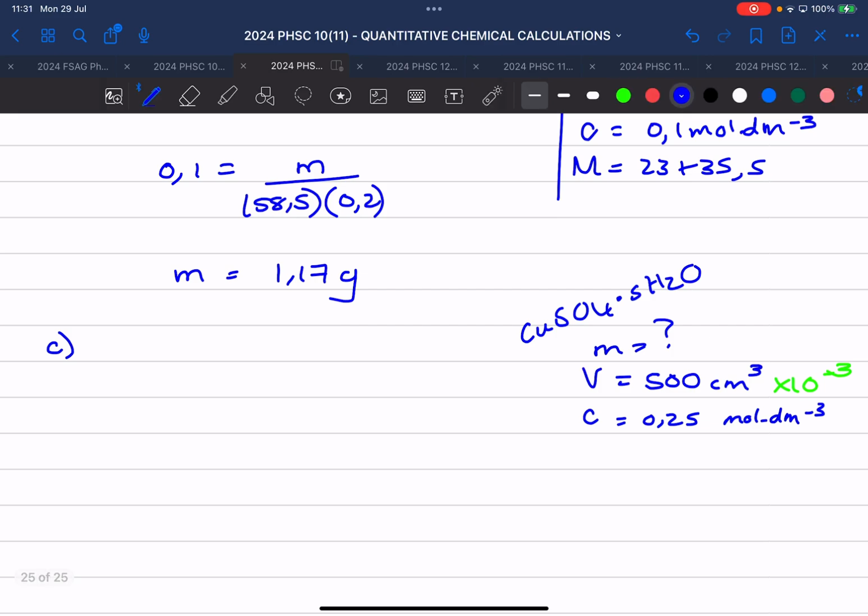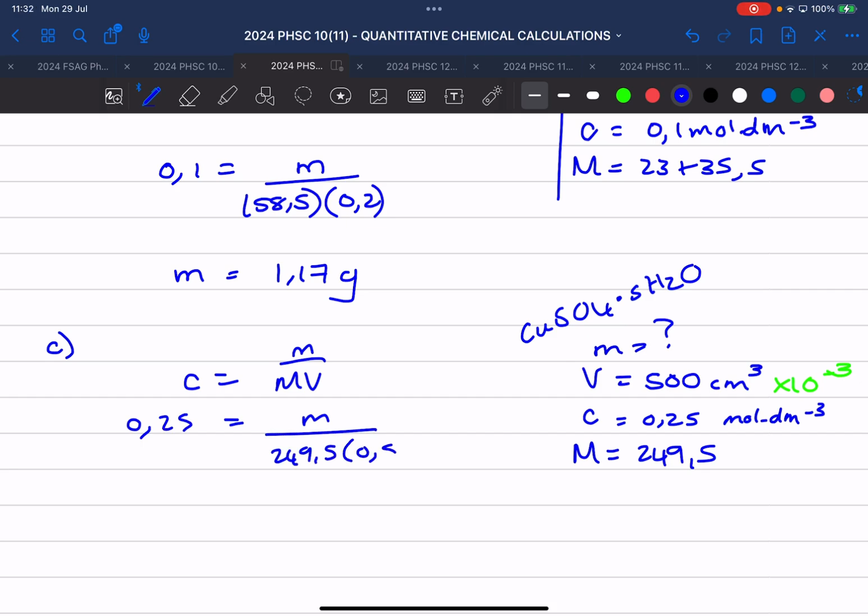Okay, so what did you get for the molar mass? And then if you calculated the mass, what did you get? 0.19. Is he right? All right. Yes.